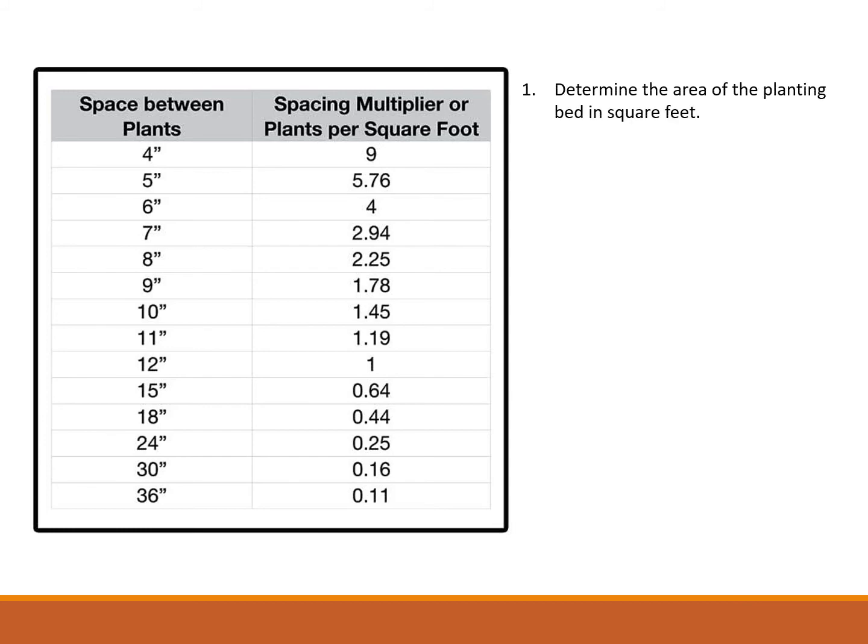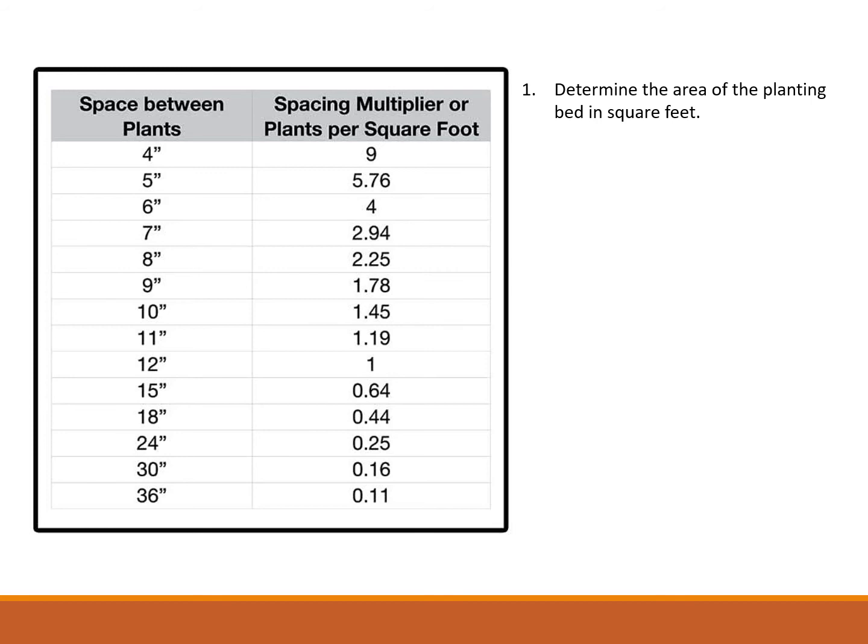So the first thing you have to do is determine the area of your planting bed. And earlier in the semester we went through lots of the math that you can use to determine areas. For example, we know how to calculate the area of a circle, we know how to calculate the area of a square or the area of a rectangular shaped bed.